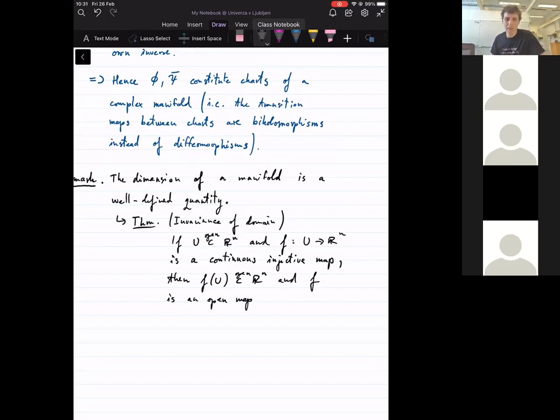So this would mean that it maps open sets to open sets. Okay?